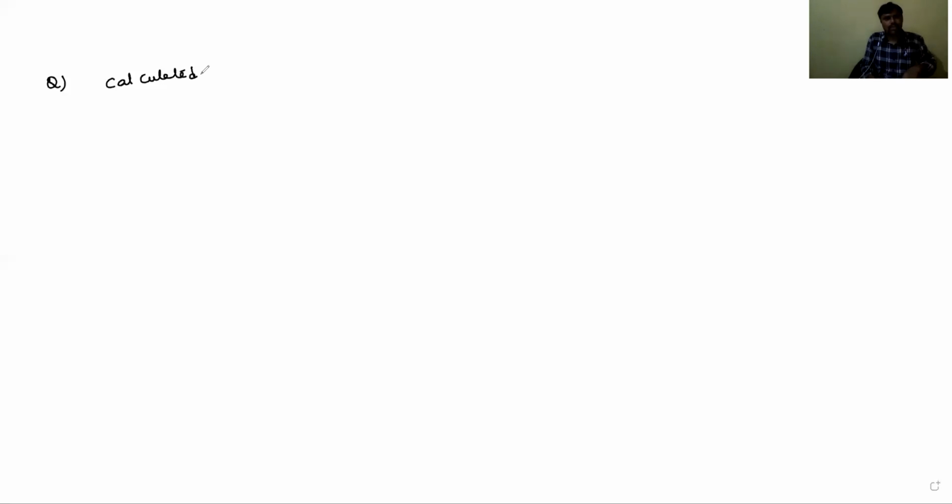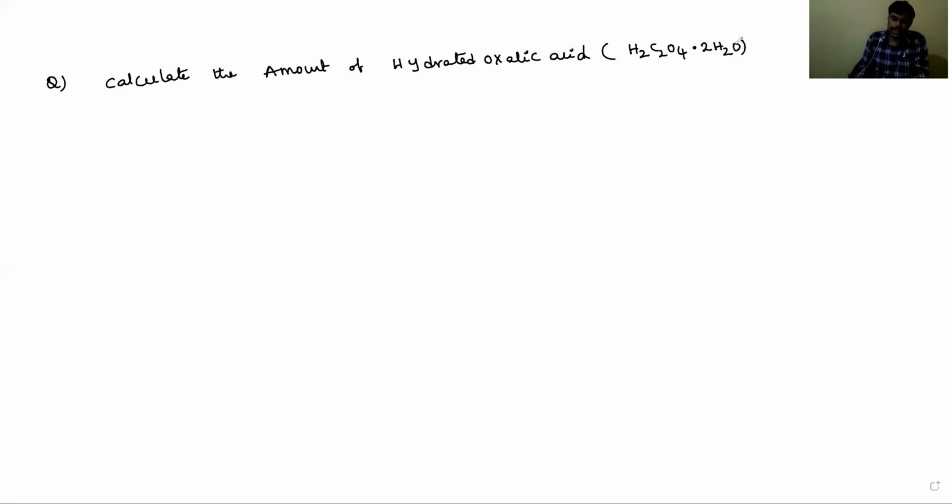Calculate the amount of hydrated oxalic acid required for preparation of 500 ml of 0.1 normal solution. The hydrated oxalic acid formula is H2C2O4.2H2O. So the weight of solute we need to find out.